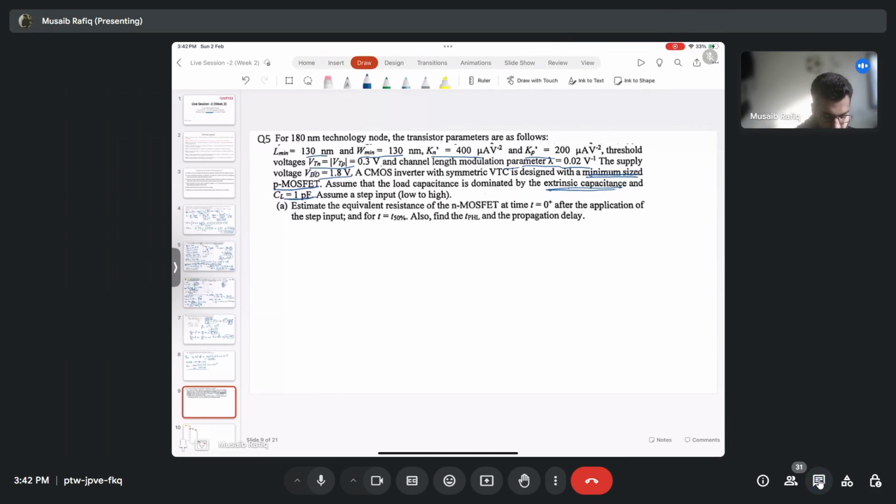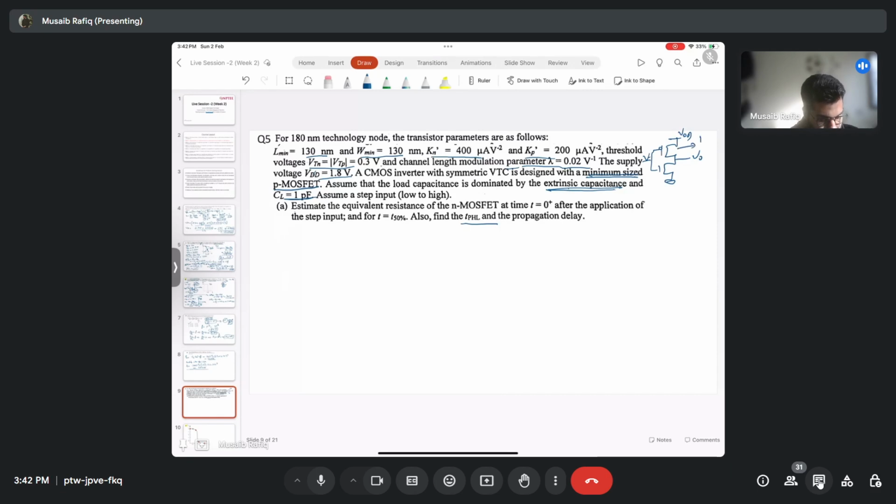Now we need to estimate the equivalent resistance of the NMOSFET at time t equal to 0 plus after the application of a step input and at t equal to 50%, and also find the propagation time high to low and propagation delay. So we have a CMOS inverter which typically looks like this. Output, we have input.